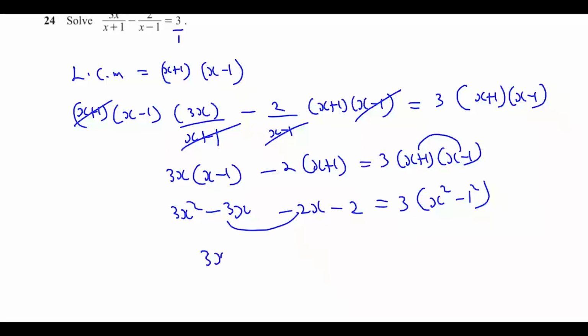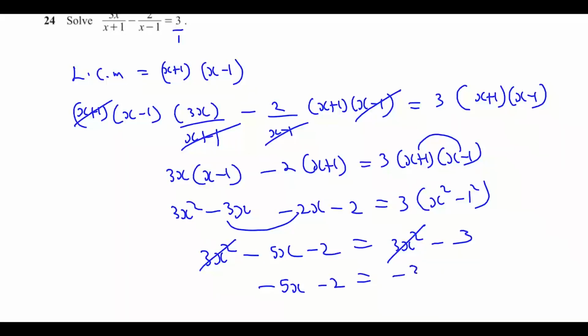So you have 3x squared minus 5x minus 2 equals, expanding the bracket, 3x squared minus 3. The 3x squared terms cancel out, so we are left with minus 5x minus 2 equals negative 3.